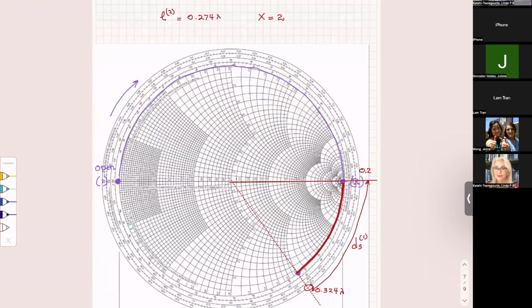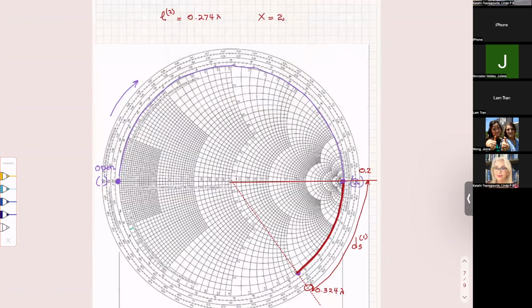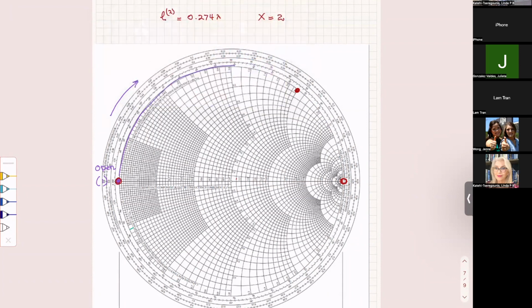X is 2, that implies, let me erase a few things. Okay, that implies that we are here and we have to go there either from this point or from this point, all around this way, up until we come here.